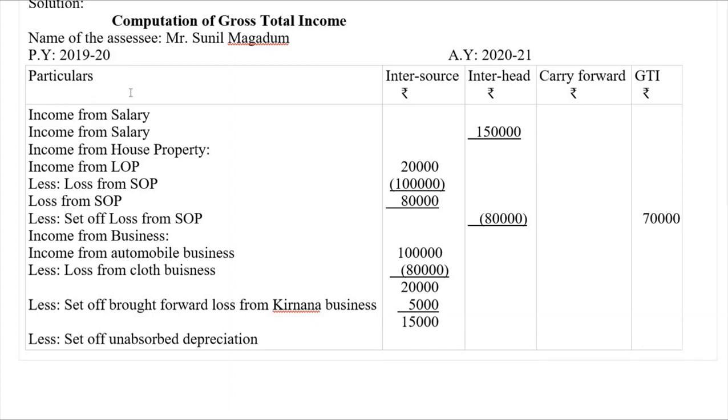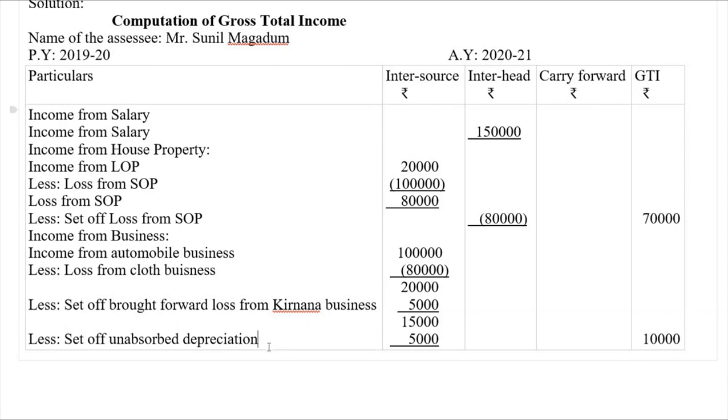Here the unabsorbed depreciation amounted to rupees 5,000. So when we subtract, we'll get rupees 10,000, which we shall take directly to the outer column, that is the GTI column, 10,000.